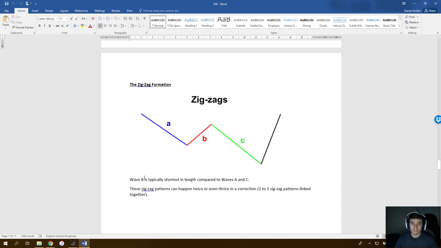Wave B is typically the shortest in length, and for instance here we would be hitting a Fibonacci retracement, hence the move up, which resets the RSI a little bit before the downtrend continues for wave C. These zigzag patterns can happen twice or even 3 times in a correction, so you get 2 or 3 zigzag patterns linked together, so you're aware. So that's the second most common type of corrective pattern that you will see.